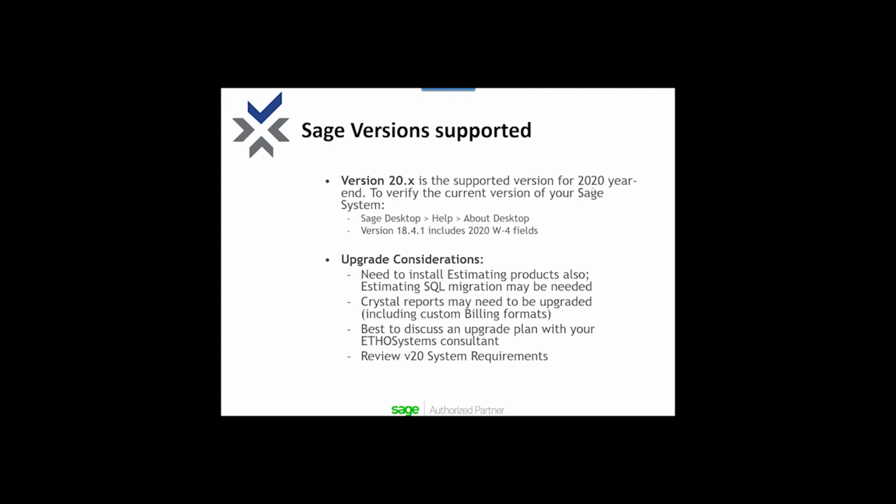And then also you want to review your server requirements for the version. So you can download the version 20 system requirements from the knowledge base, or if you want to shoot me an email, I can send you those system requirements to forward to your IT people. But you want to make sure that your server meets the minimum requirements.